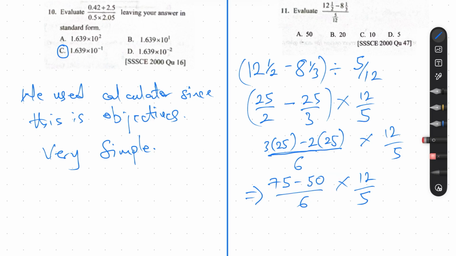So instead of this, let's write 25. Now we can easily cancel out: 5 into 25, 5 times, and 6 into 12, 2 times. So we have to multiply the remainders.